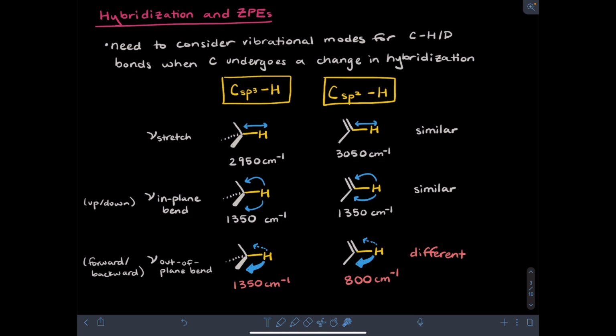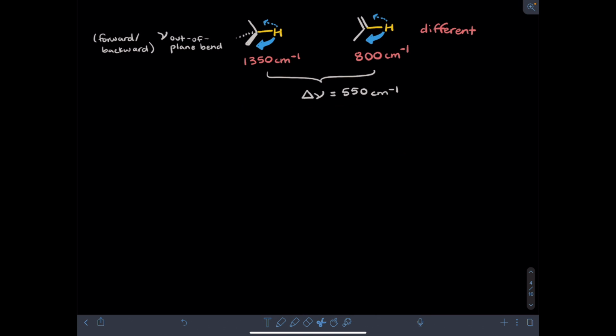For the sp3 hybridized carbon-hydrogen bond, this bend occurs at 1350 inverse centimeters, the same as for the in-plane bend, whereas things are different for the case of the sp2 hybridized carbon-hydrogen bond. So we have a very large difference in wave numbers for this particular bending mode. It's this bending mode that differs by 550 inverse centimeters that we need to pay attention to for isotope effects and zero-point energies.